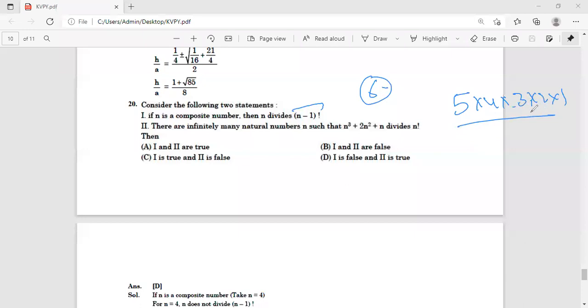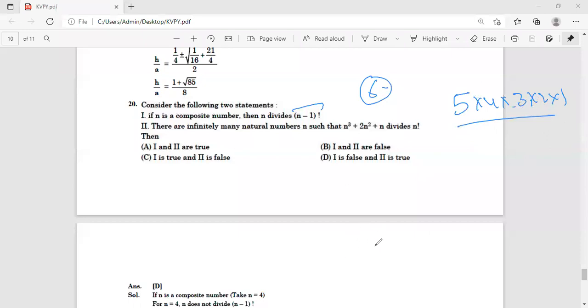But suppose the factors are coming multiple times, suppose the factors are of the kind 2 square into 3 square. Take an example of 4 only. 4 into 3 into 2 into 1 is 4 factorial.